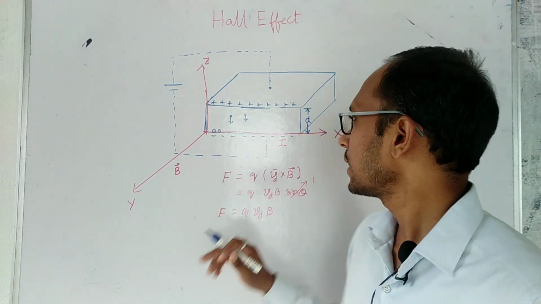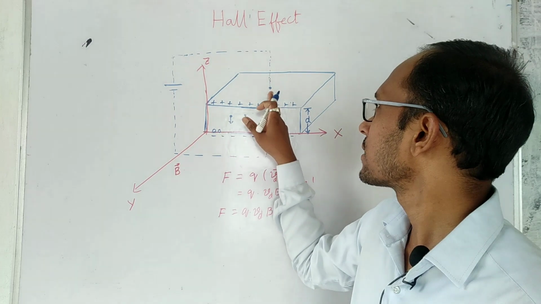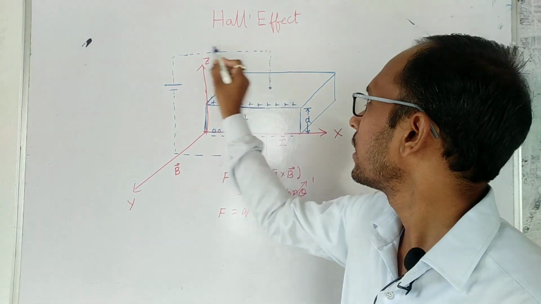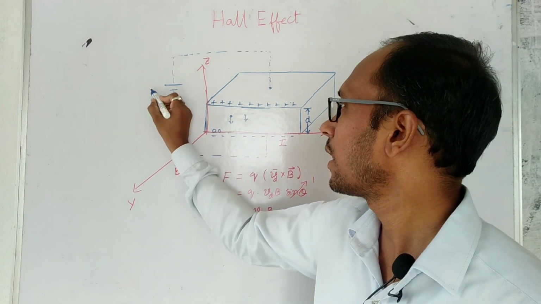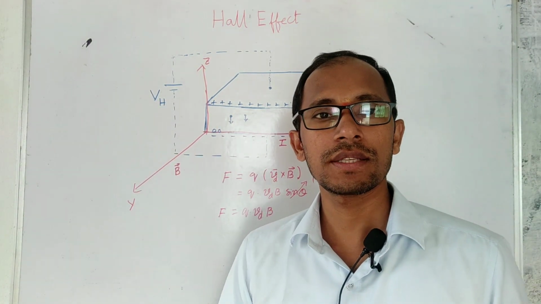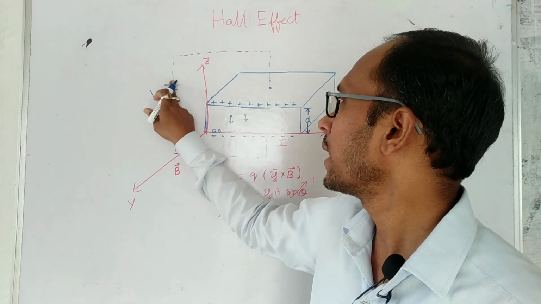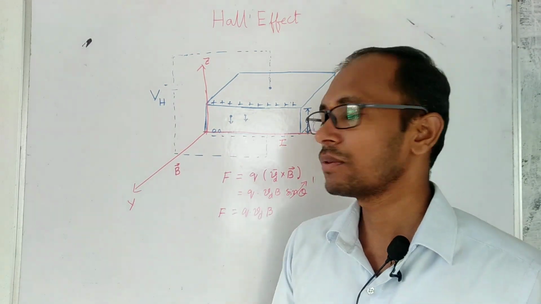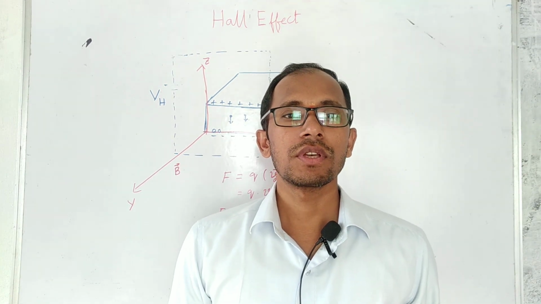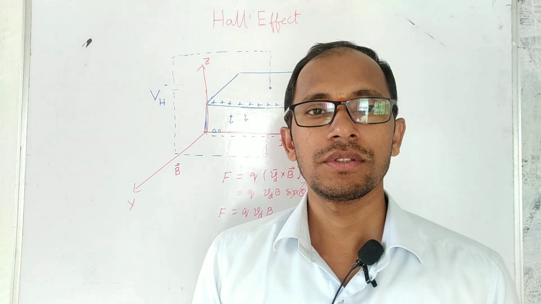Then obviously a voltage is developed across these two surfaces. That voltage we call the Hall voltage, VH. If you measure the voltage here, that voltage is VH, the Hall voltage. So this is called the Hall effect.